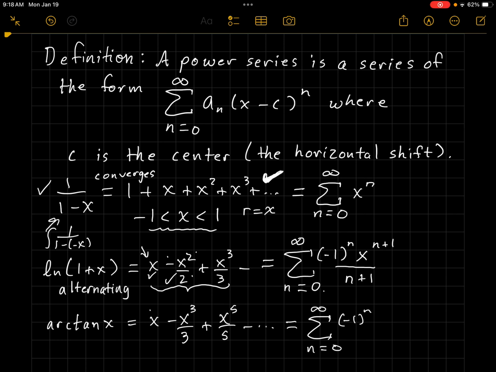And then notice that all my powers are odd. In math, we often write odd as 2n plus 1. And I have the same power. That is, I have the same number as the power in the denominator, so that's over 2n plus 1 as well. Check yourself, plug in the first few terms, and see that this indeed is the series for arctan of x.